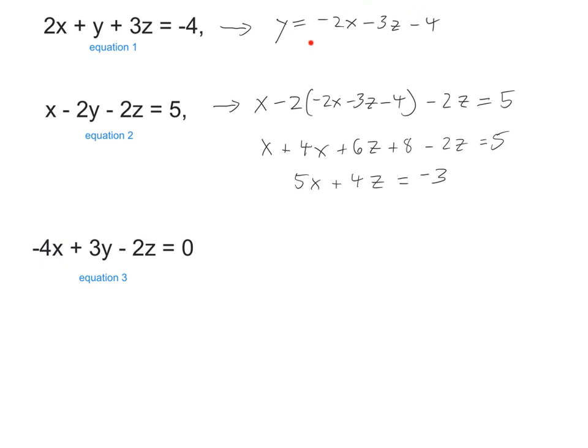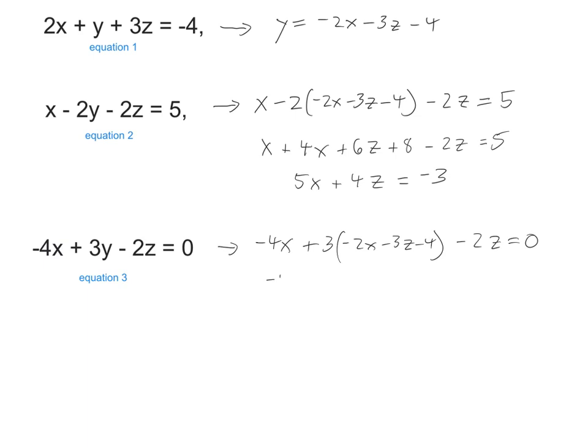Now let me substitute this also into equation 3. And let's see what we get there. We end up with negative 4x plus 3y, but y we found is negative 2x minus 3z minus 4, minus 2z equals 0. And now let's go ahead and expand this out and simplify.